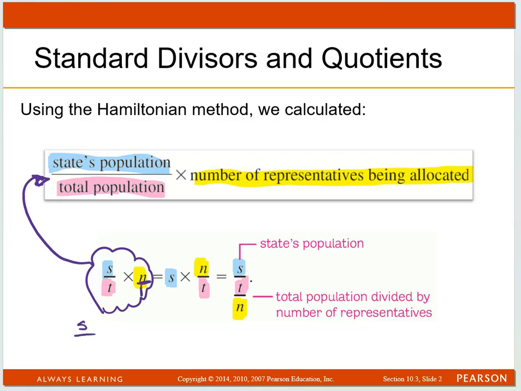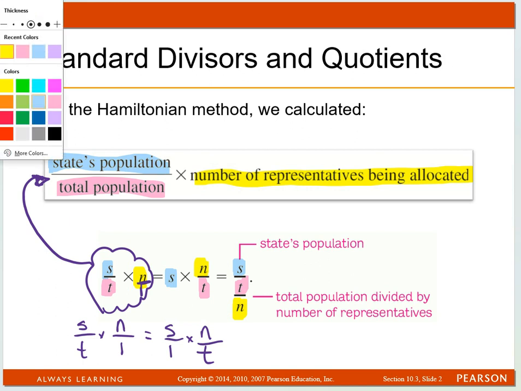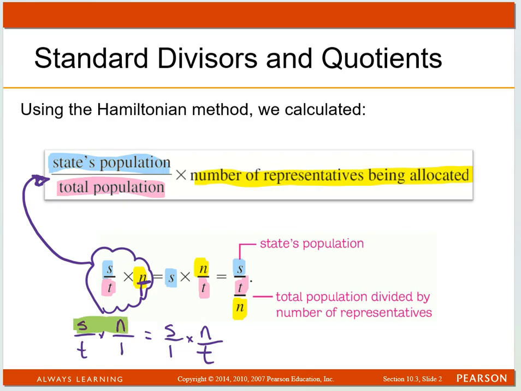So if you have S over T times N over 1, that would give you the same result as S over 1 times N over T. That should be a T. Because when you do numerator times numerator, you're taking S times N over 1 times T, which is the same as T times 1. So they were able to just rewrite this equal to that, because you're just giving it the 1 over there.